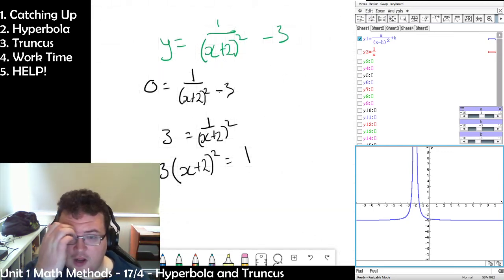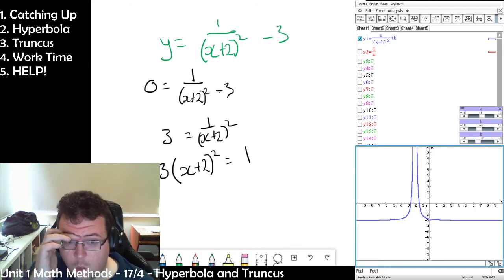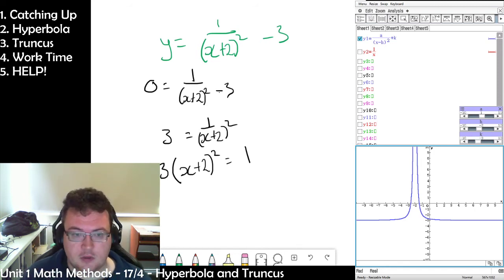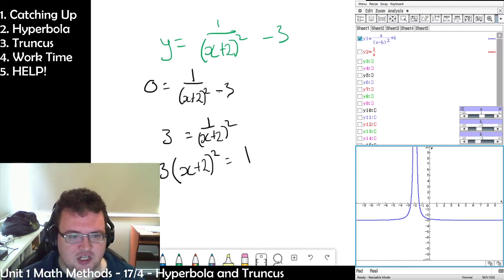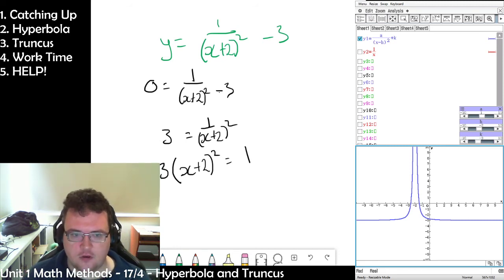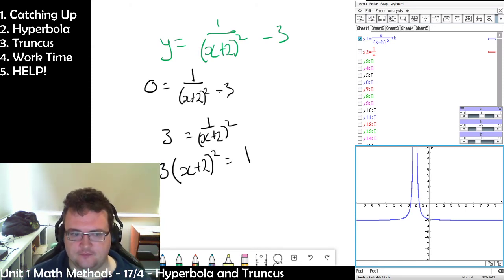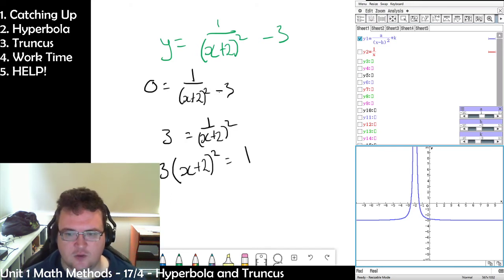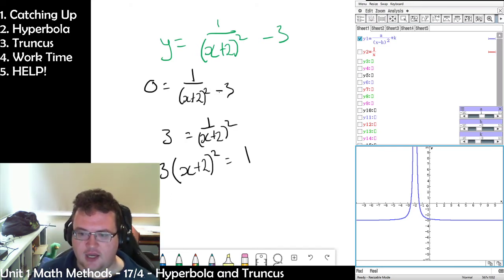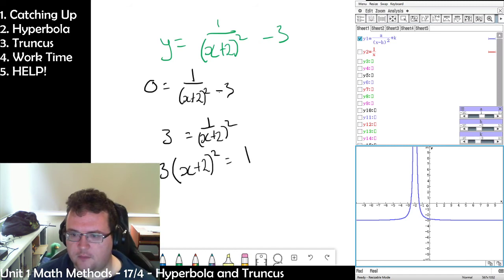Now, problem is, where do I go from here? What am I going to do next? Because the question is, is it worth me doing any sort of expansion nonsense with this? Okay, take the square root on both sides.